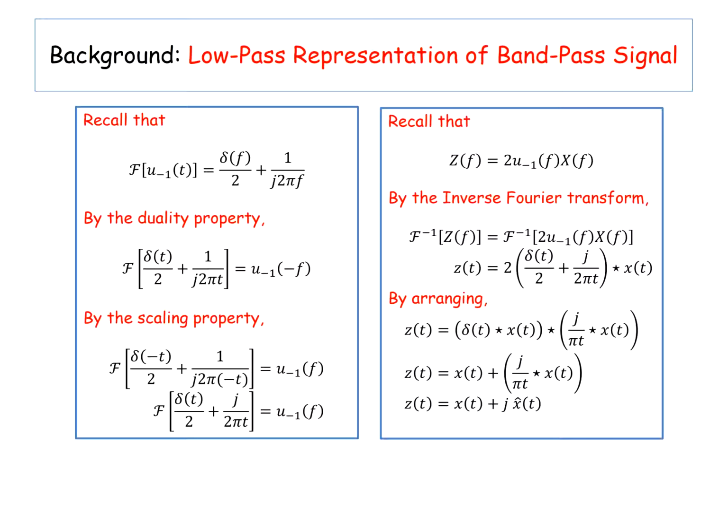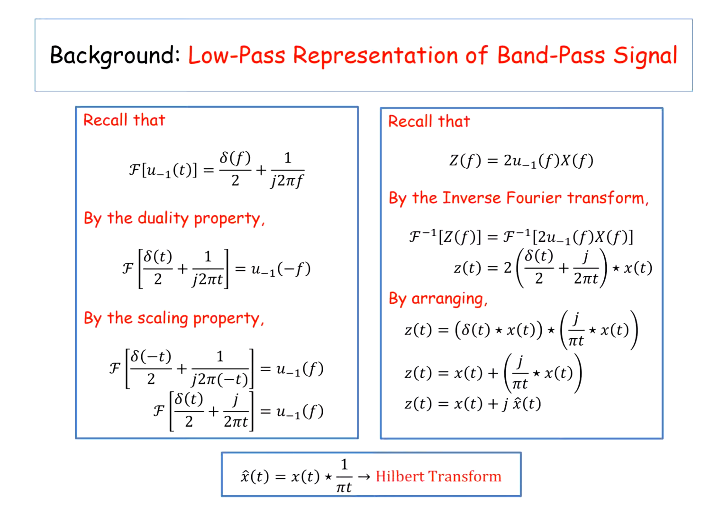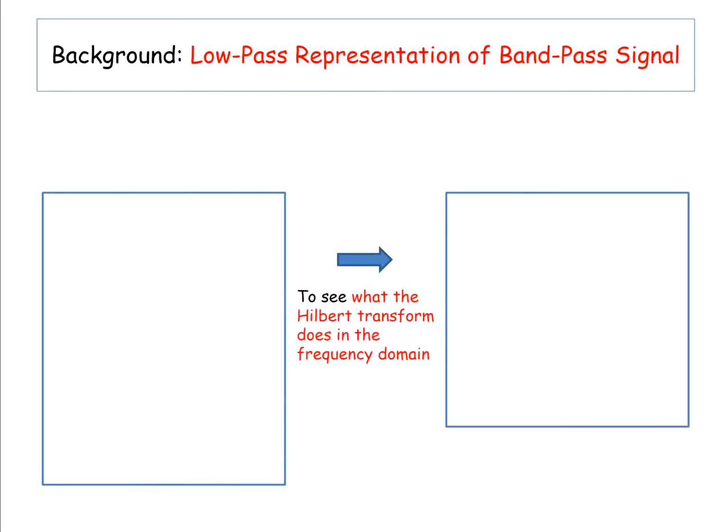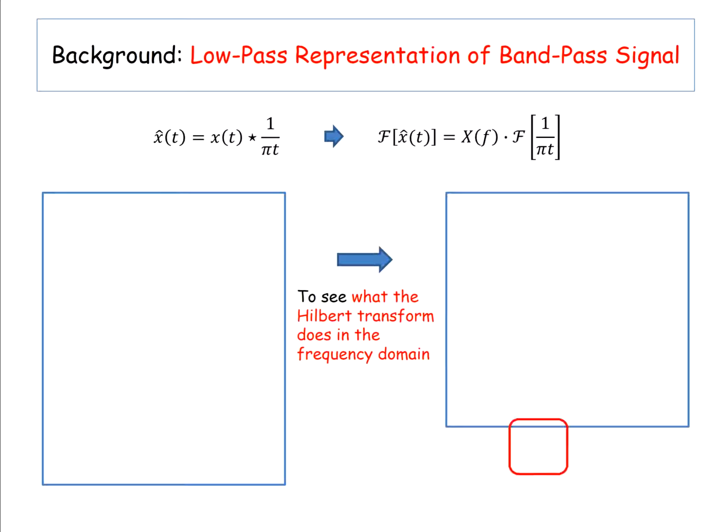Here, x cap of t is actually a special transform, called the Hilbert transform. Let us now evaluate what the Hilbert transform does in the frequency domain. For this evaluation, we need to find the Fourier transform of 1 over pi t. Let us first remember the Fourier transform of the signum function.